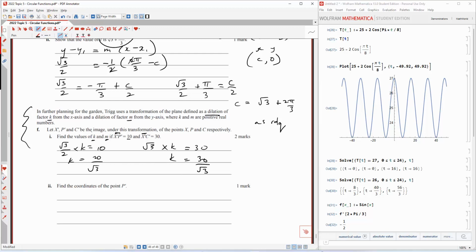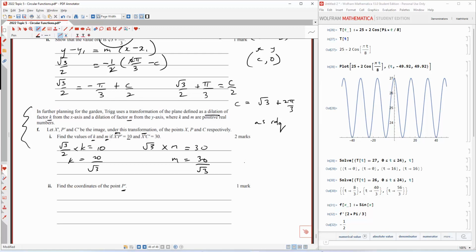Alright, so that's our value there. And it's not k, it's m. I'd hate to do all of that work, only to find I got it wrong because I wrote the wrong letter down. So it's m equals 30 on root 3. So if these are the transformations, the last part of the question says, what are the coordinates of point P' after the transformation?